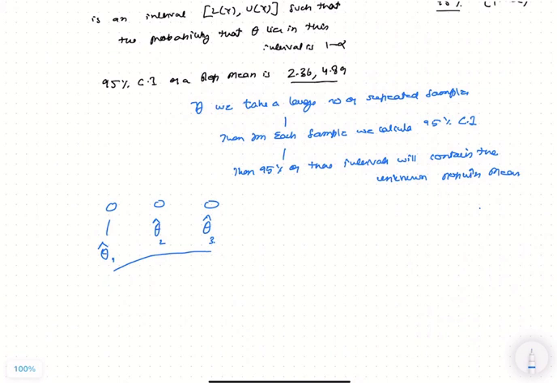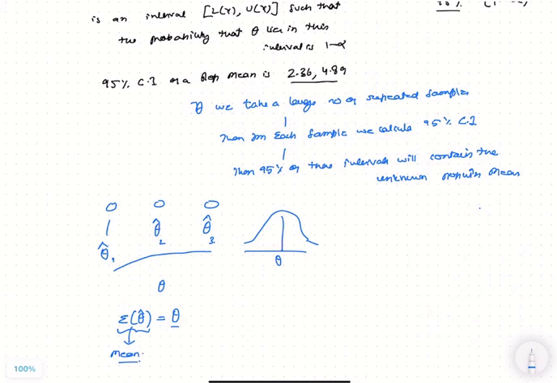If they are normally distributed, they are going to have a mean of theta. Why? Because theta hat is an unbiased estimator of theta, and that is why the expected value of theta hat is going to be theta. Expected value of theta hat is nothing but the mean.